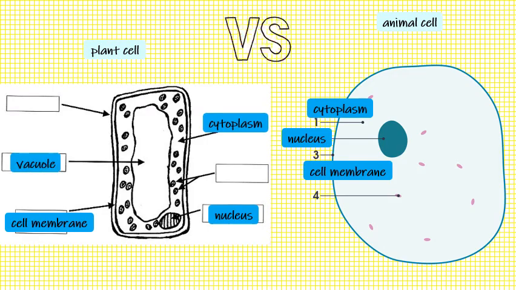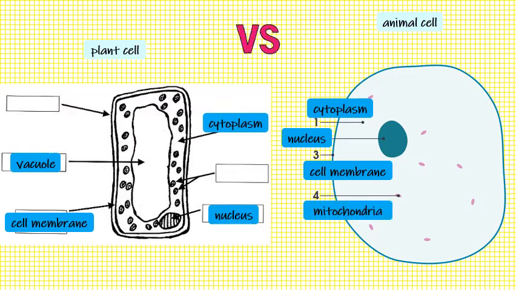Like you saw in the video, both plant cells and animal cells have vacuoles in them, but in this picture we cannot see the vacuole in the animal cell. What about the mitochondria? This is where the cell gets its energy. Last year, we talked about respiration in all living things' bodies.